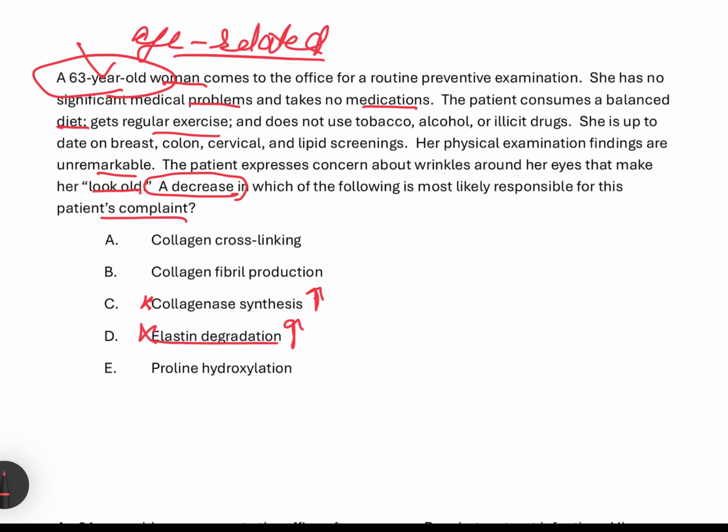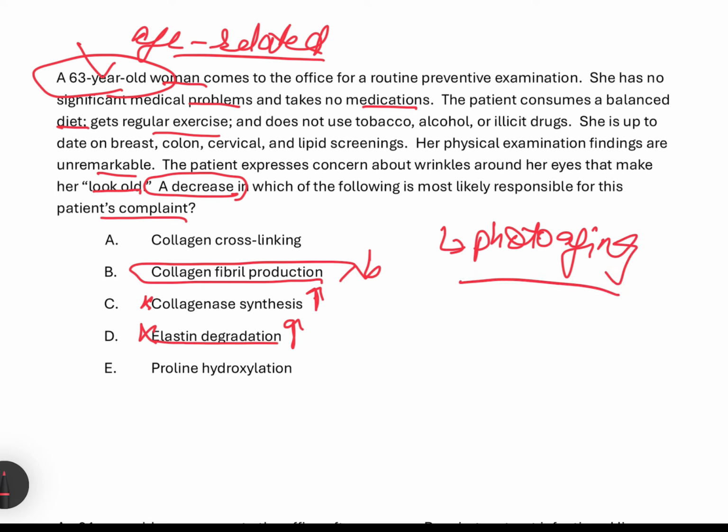The metalloproteinase enzymes are going to increase. So the good answer is collagen fibril production. Collagen fibril production will decrease, so they are unable to protect the skin. Mostly this happens due to multiple environmental factors, especially exposure to ultraviolet light, which contributes to aging of the skin. Ultraviolet light wavelengths are predominantly absorbed in the upper dermis and contribute to sunburn and increased risk of malignancy. You know this type of aging is called photoaging.